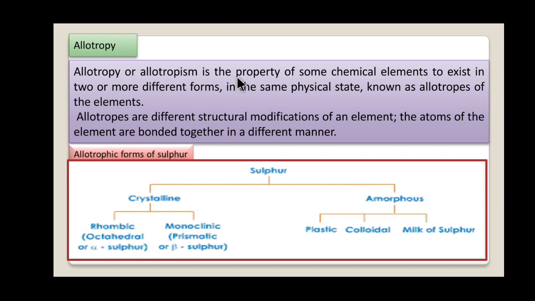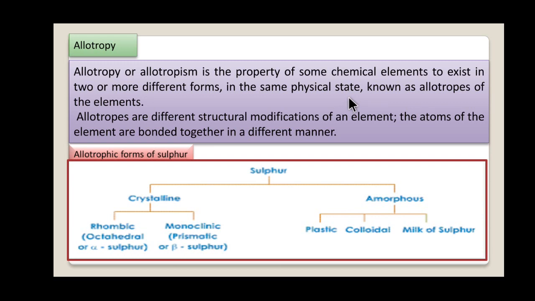It is the property of some chemical elements to exist in two or more different forms in the same physical state.